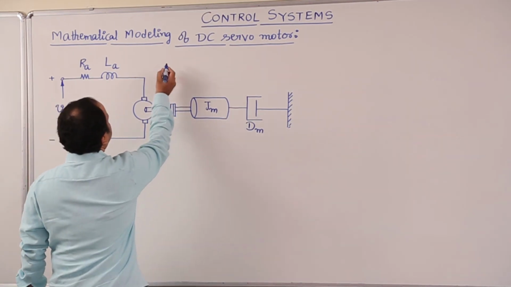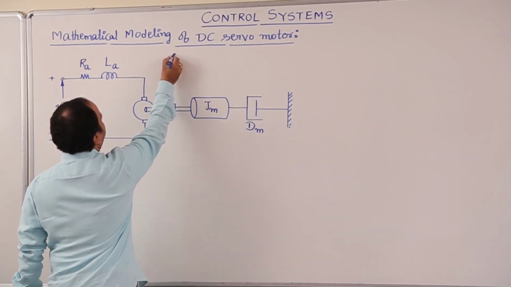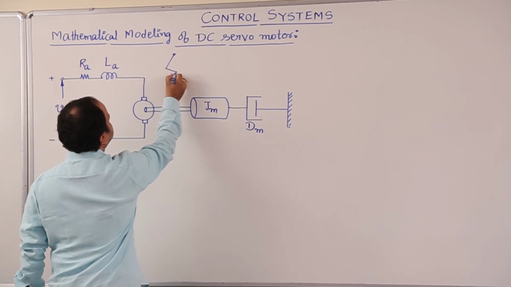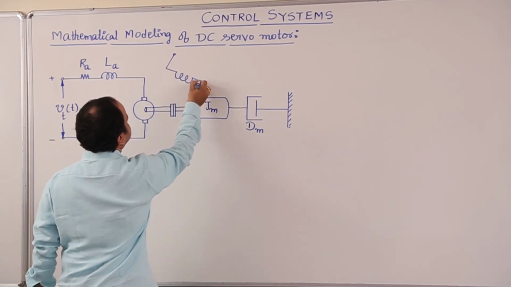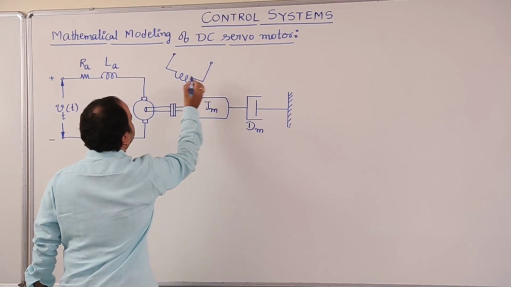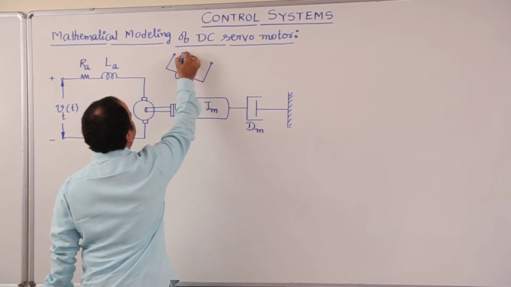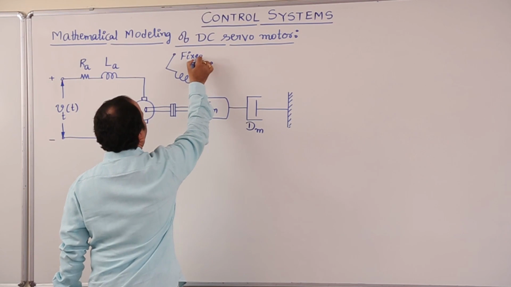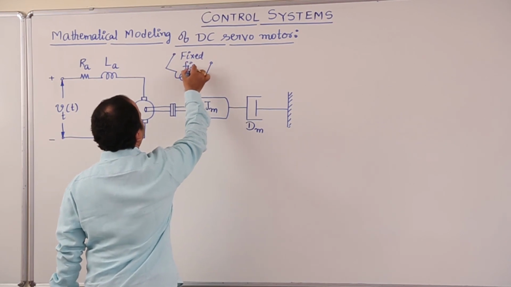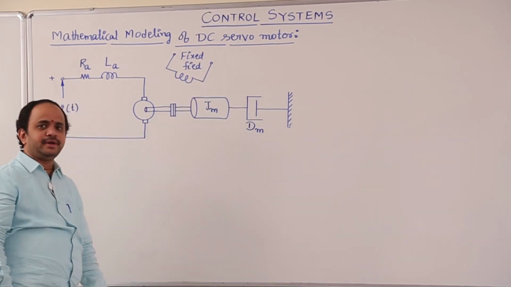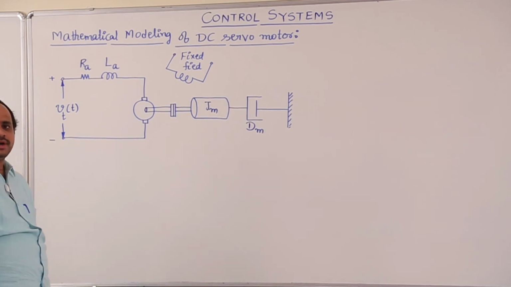And here, in case of this DC machine, the magnetic field is generally provided with either permanent magnets or some stationary electromagnets.